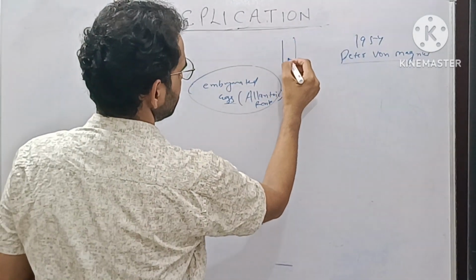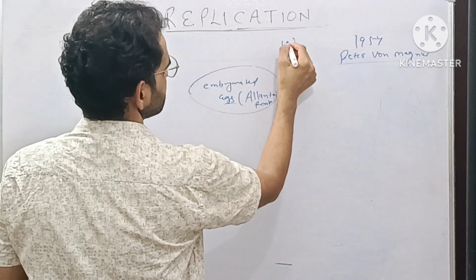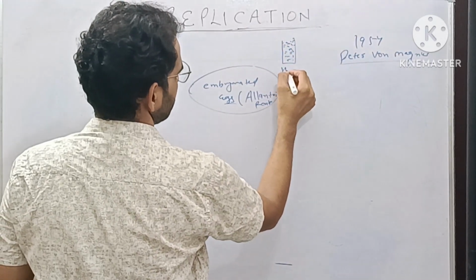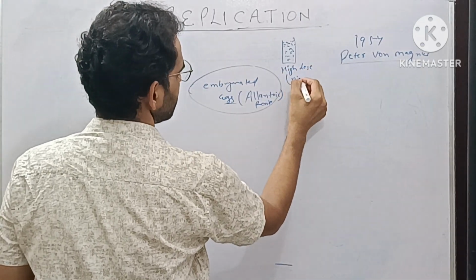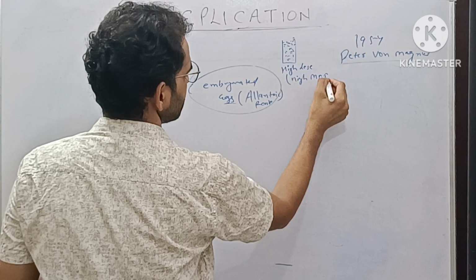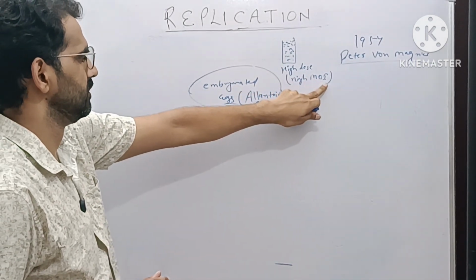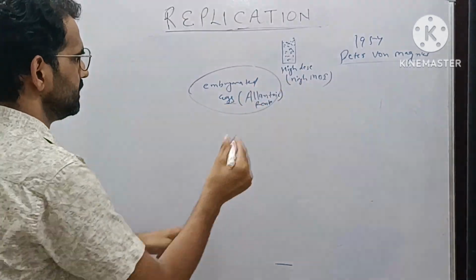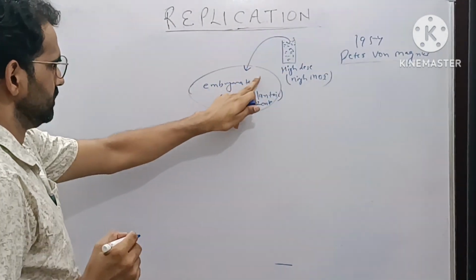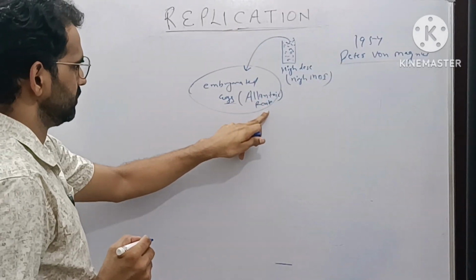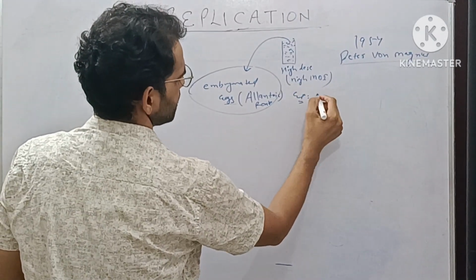What he did, he took viruses at a high dose, or we can say high multiplicity of infection, MOI. With this high dose in the embryonated egg allantoic route, which virus was studied?